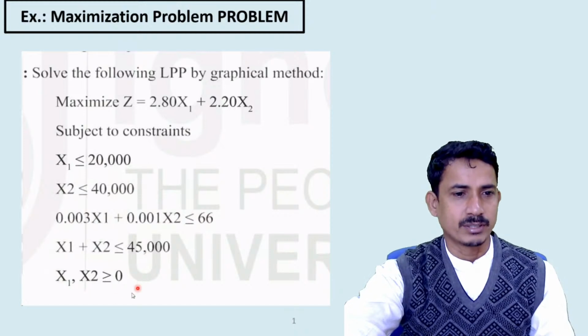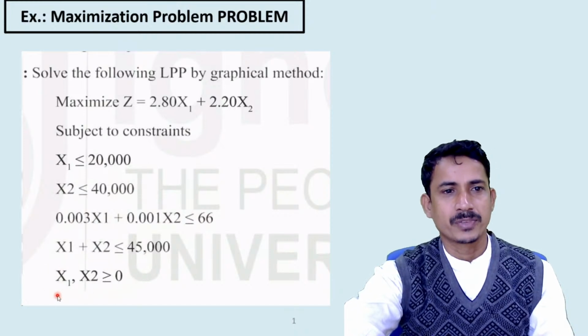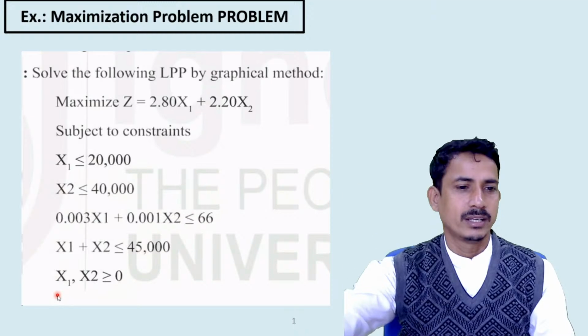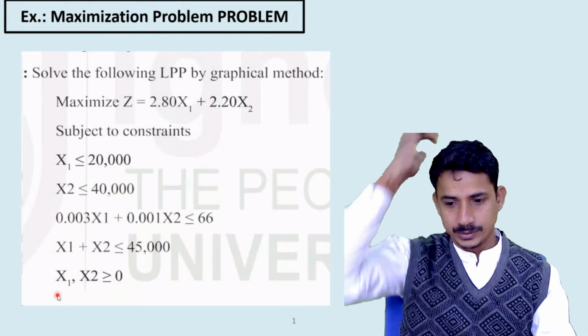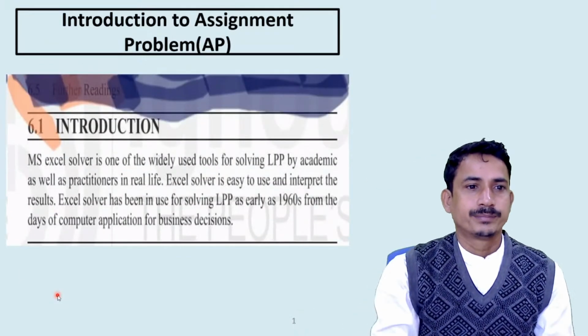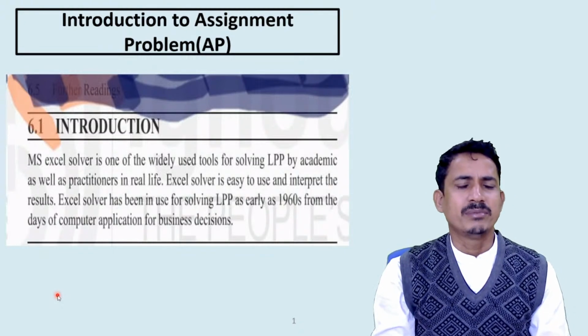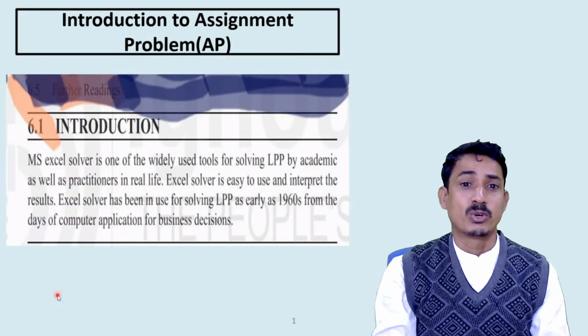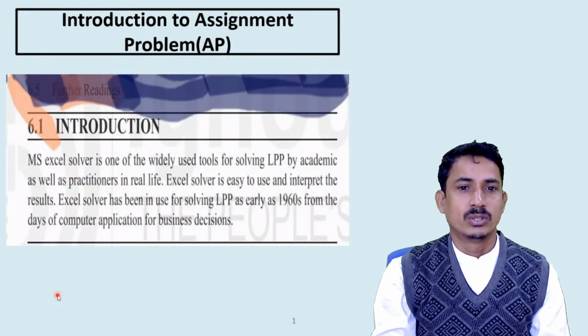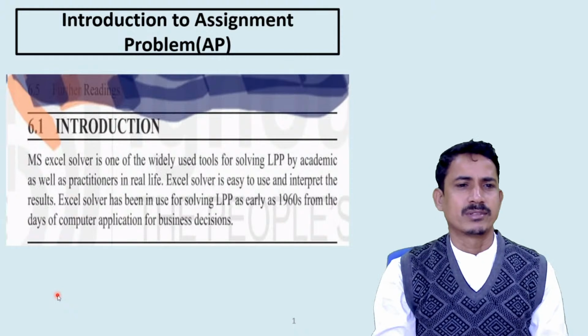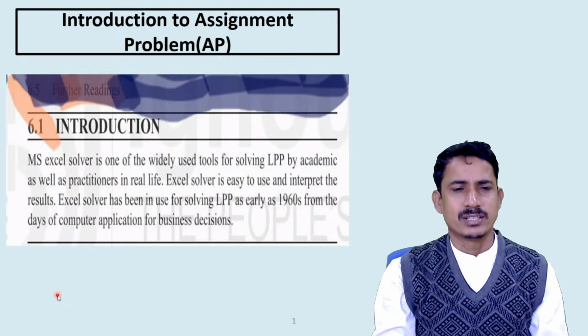Finally, this is called the non-negative constraint. It is always given this way: x1, x2 should always be greater than or equal to 0. So, while you are solving it with the Solver, if you put in the values, the answer will automatically come. No need to go step by step. Directly you put all these values in the form of an Excel sheet.